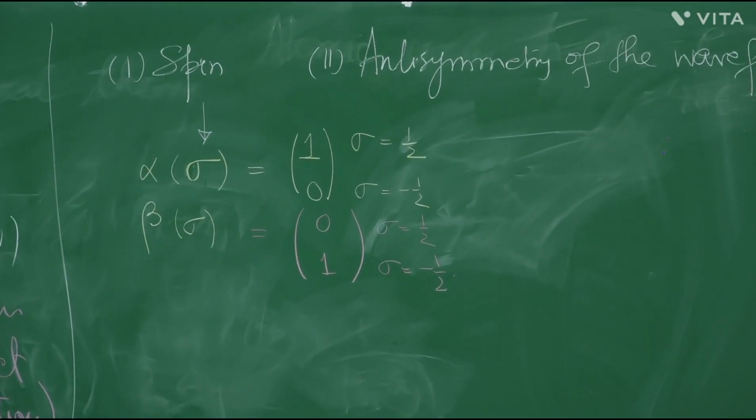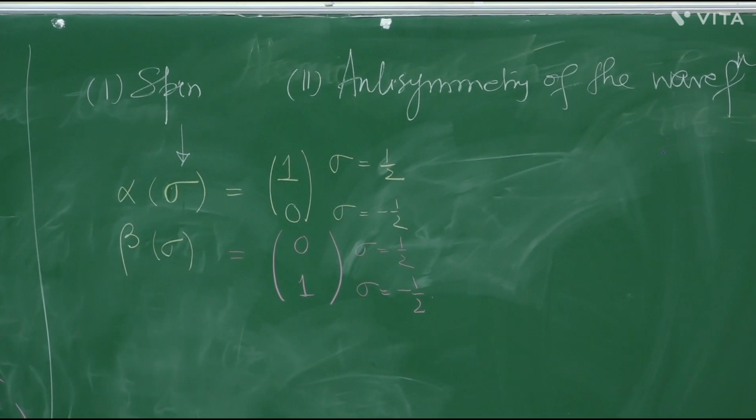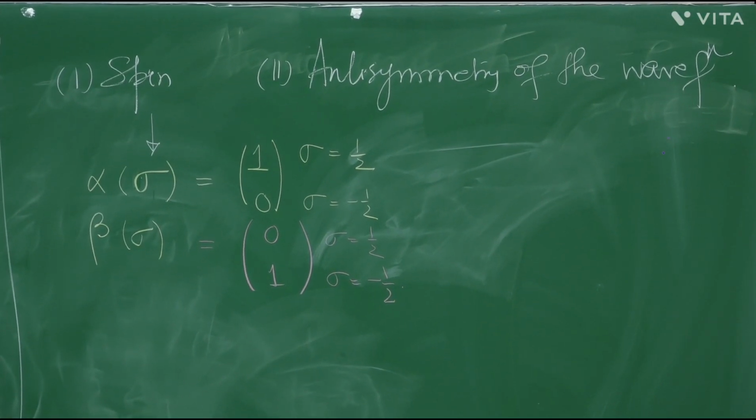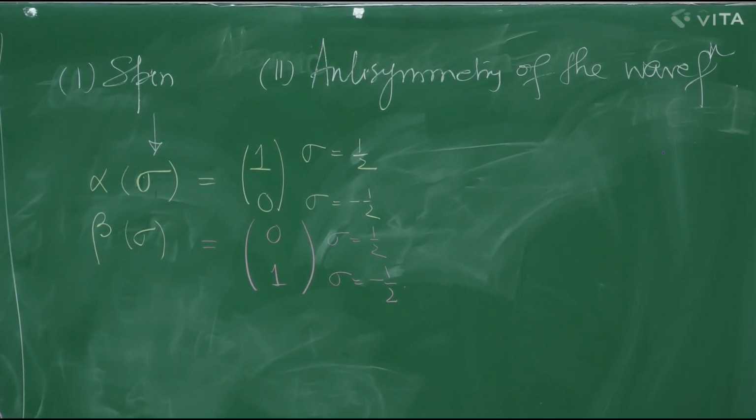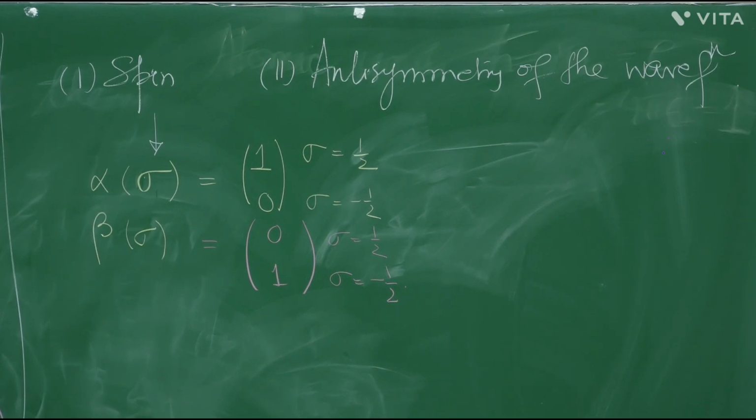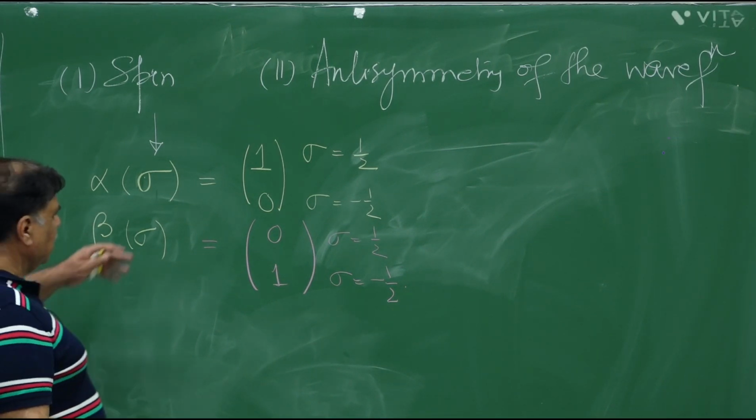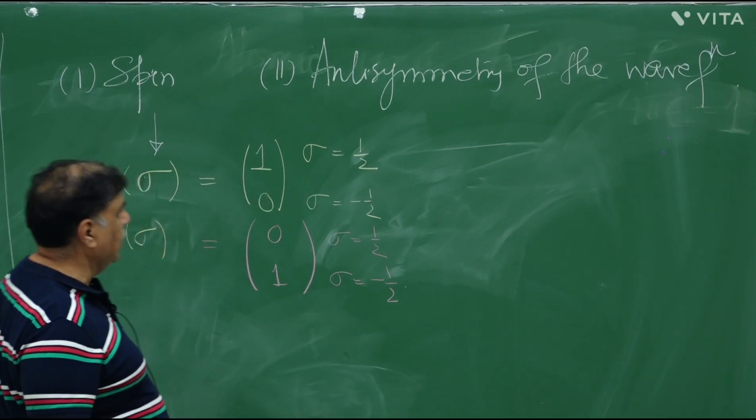So this is a function of a discrete variable sigma. That variable takes only two values, plus and minus half, and then I've given you the value. This is one representation.